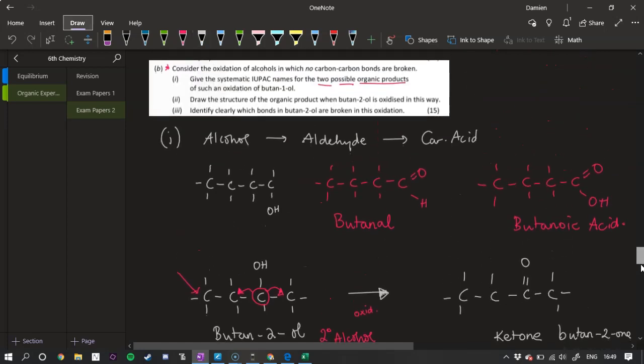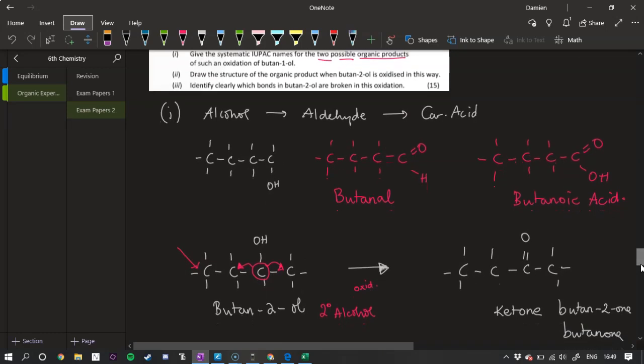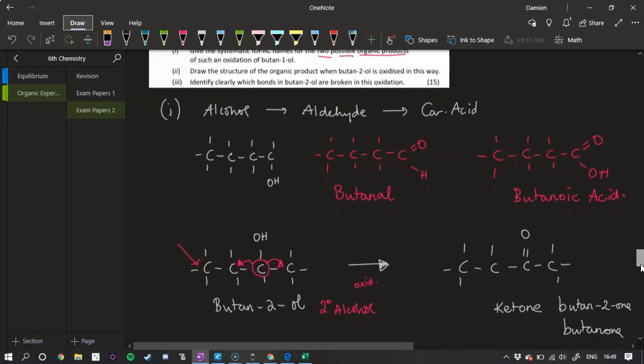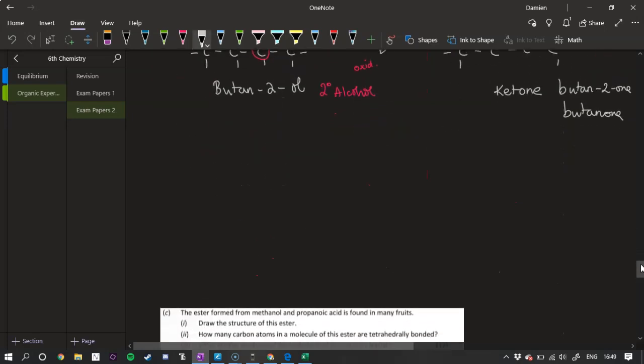Okay, so let's have a look at part 3. Identify clearly which bonds in butene-2-ol are broken in this oxidation. Okay, that's fine. So what I would do here is I would redraw out the structure. So I would say there's your bute, and I would put in all the bonds all the way around. Now another thing I would do here is, this is normally just OH.